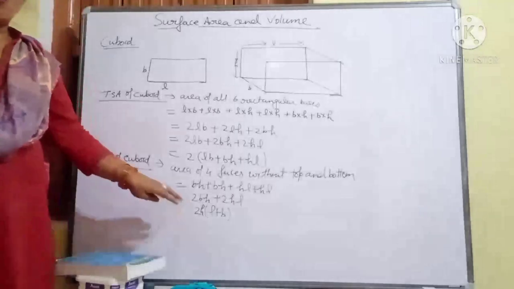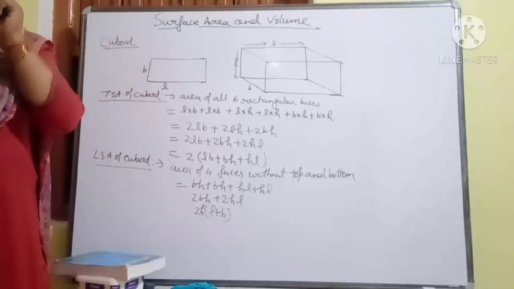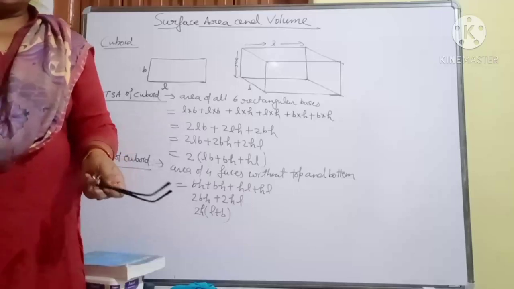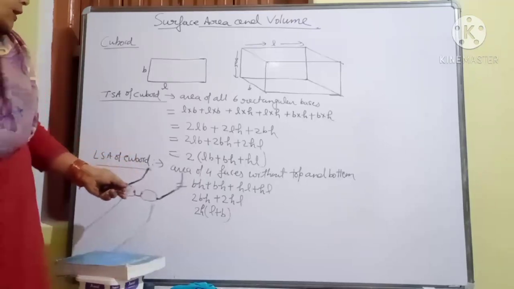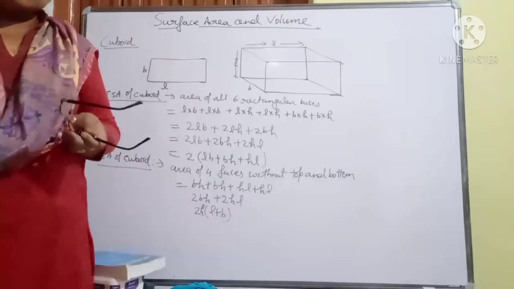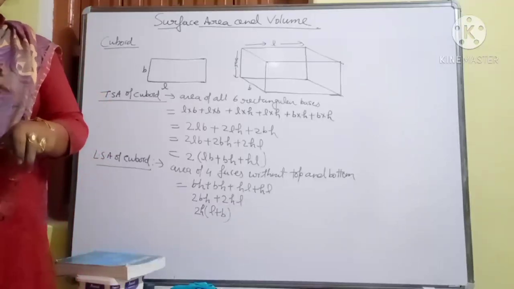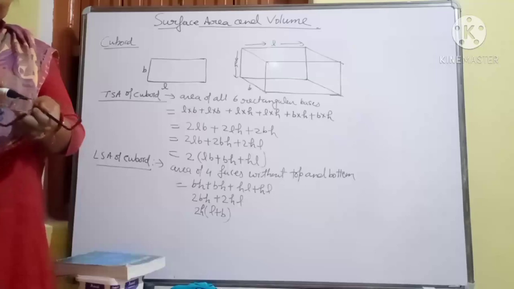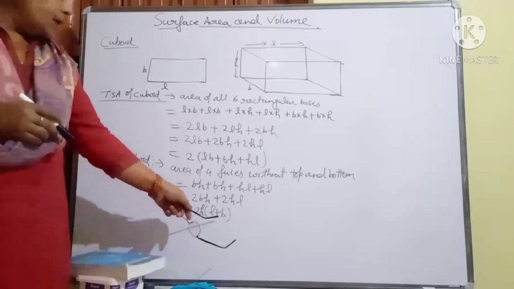Area of 4 walls of the room. Area of 4 walls means at that time top and bottom will not be included. When you find the lateral surface area, at that time you do not include the top and bottom. And you had studied this formula in earlier classes as the area of 4 walls, 2(L plus B) multiplied by height.